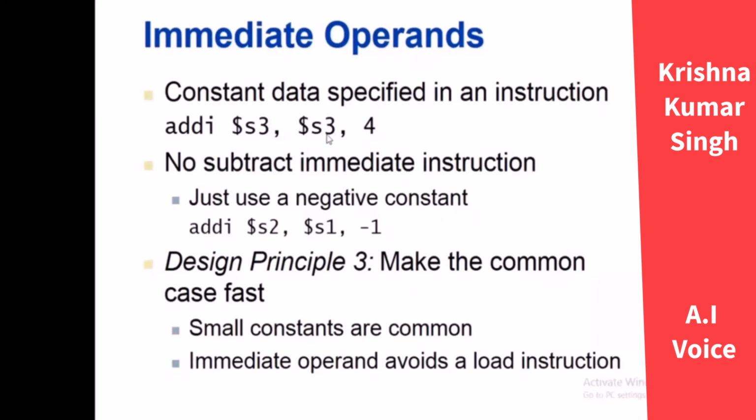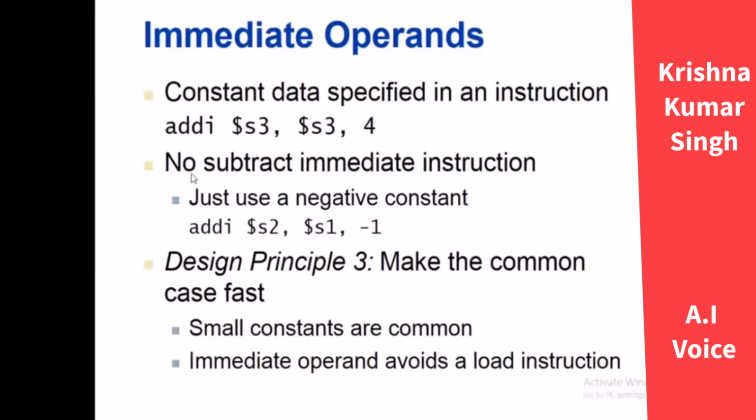So it is possible to put a constant value here, and the instruction that supports this type of operand has a different opcode, add immediate. This I in the opcode means that there is one operand in the format of immediate data, so the content of $s3 and the value 4 will be added together and the result goes back into $s3. So we add 4 units to the content of the register $s3.